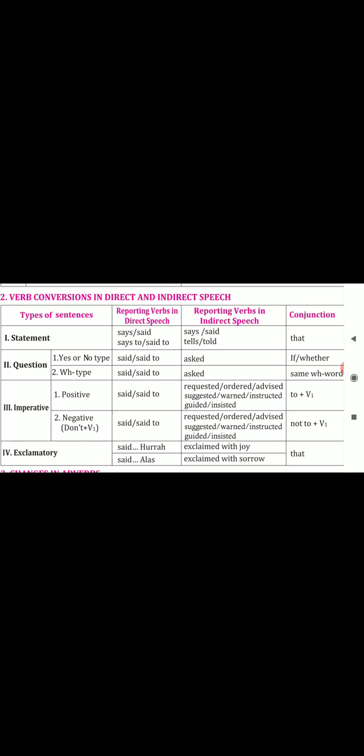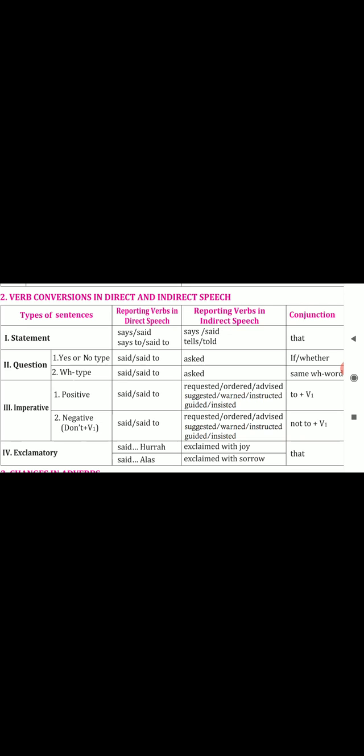Okay, then let us learn the verb conversion in the reporting verb. This occurs according to the types of sentence in the reported part. So if the sentence is a statement in the reported part, we have to change the reporting verb as follows: says becomes said, and says to becomes said to.